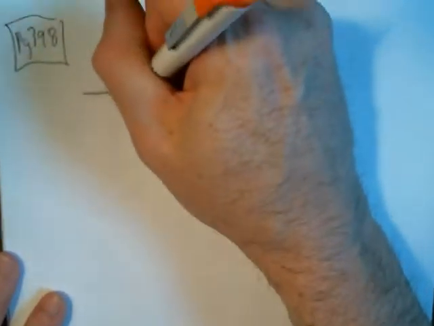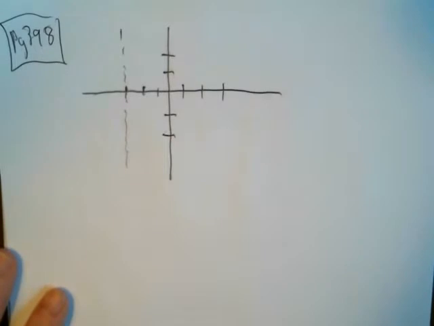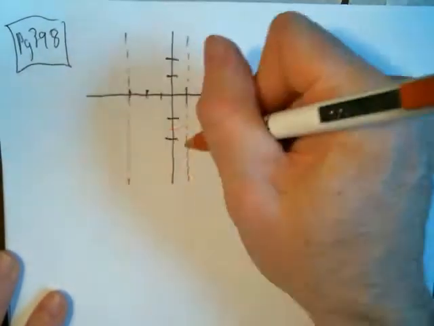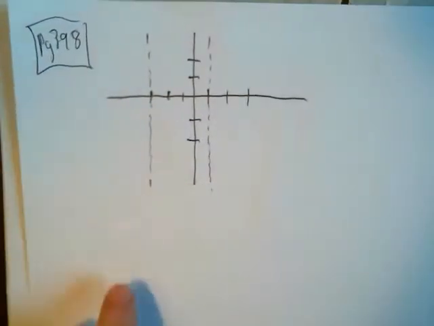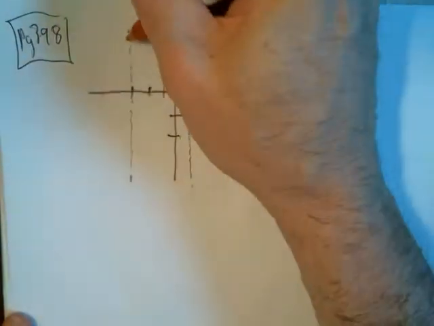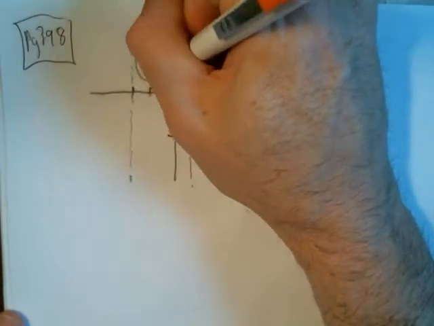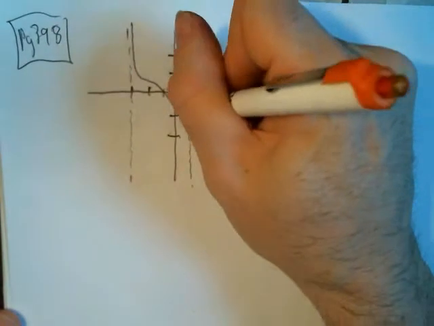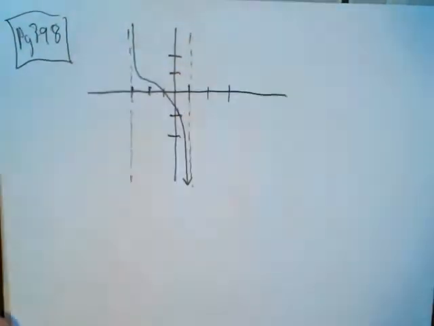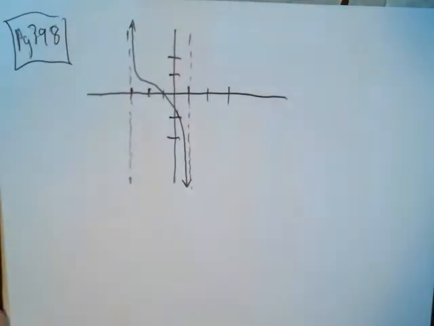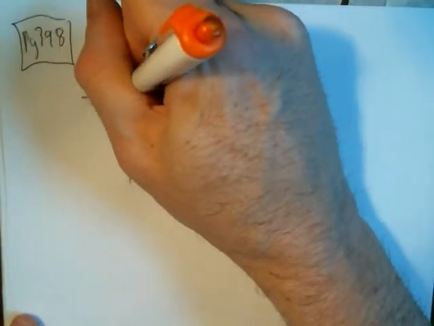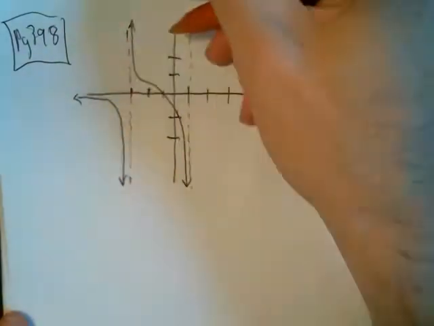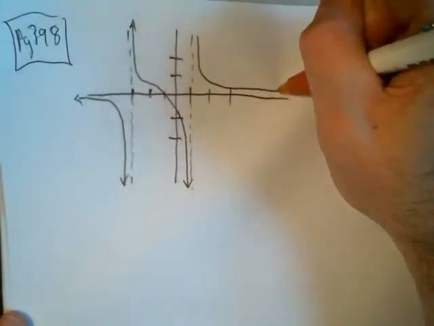And then it looks like this here, and like this here. So they have asymptotes at -3 and at 1. And then we have this graph here in the middle. And we have this graph over here. And finally, we have this graph over here.